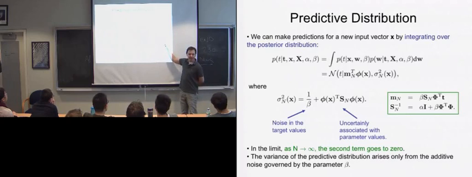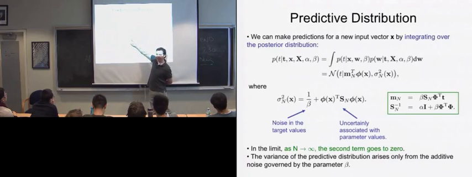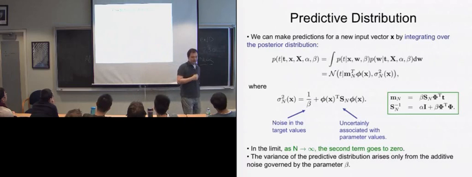So as n becomes large, this term will grow. It's proportional to the number of data points. If this term becomes larger and larger, the inverse of this term will be smaller and smaller. So you can show that this term will approach 0 as you get to see more and more data.